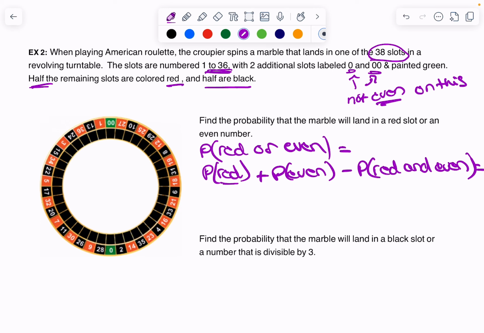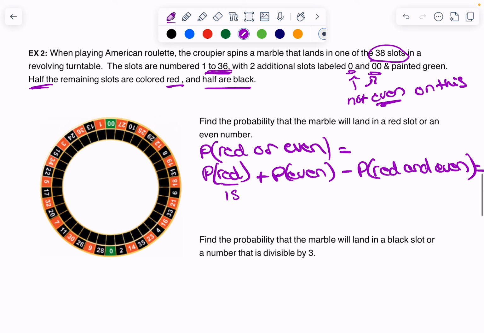So 1 through 36, that means that there's 18 out of 38 plus 18 out of 38. And we need to subtract the ones that are red and even. So the ones that are red and even, 1, 2, 3, 4, 5, 6, 7, 8. We're going to take away the 8.